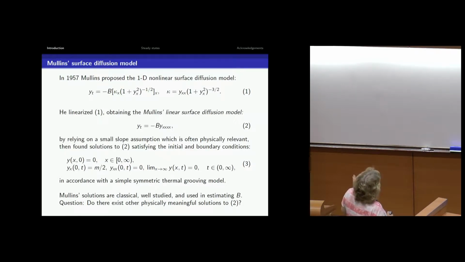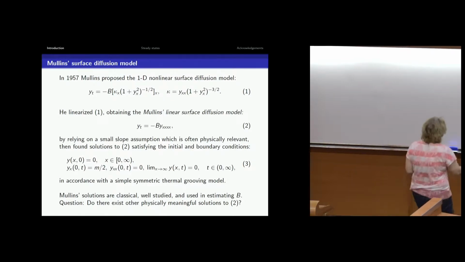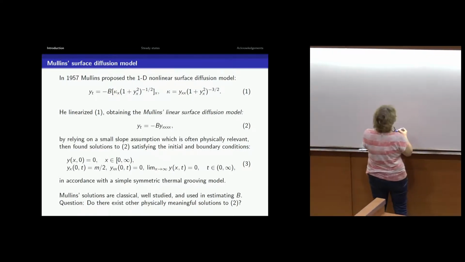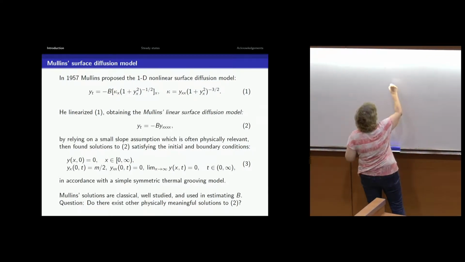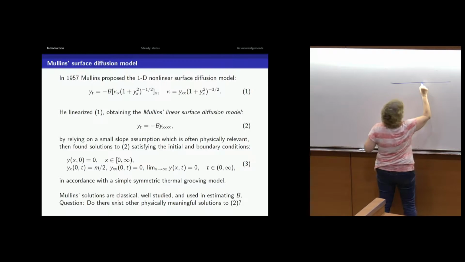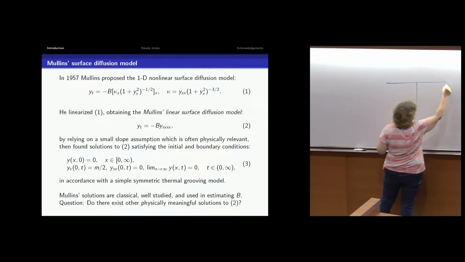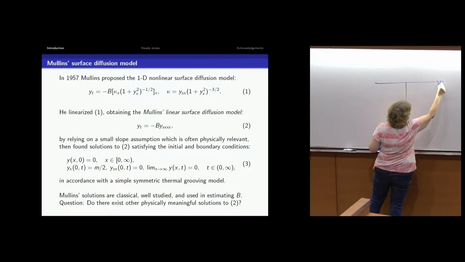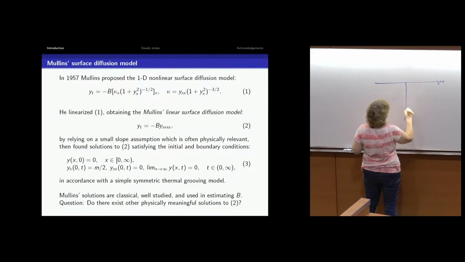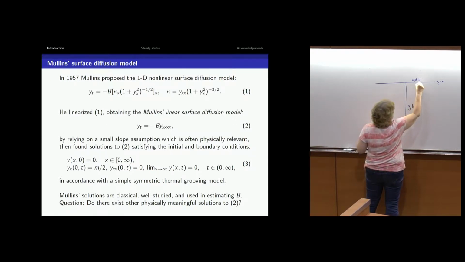But then you want to solve it with some boundary conditions. And what do we have here? Just simply, this is the classical Mullins picture, okay? You start essentially with a flat interface, where y, the height, is equal to 0. And then this is your grain boundary, exterior surface.